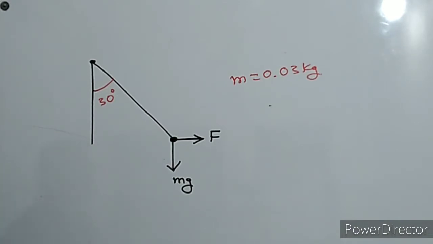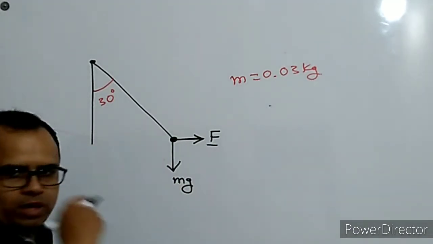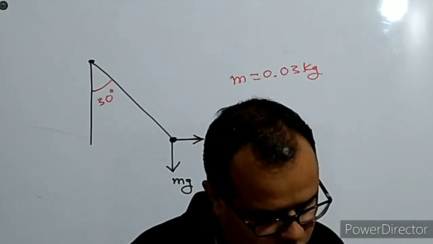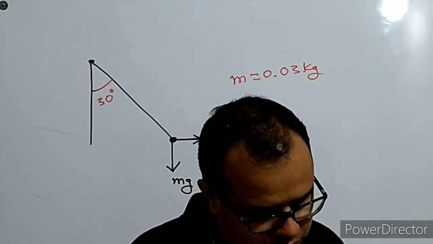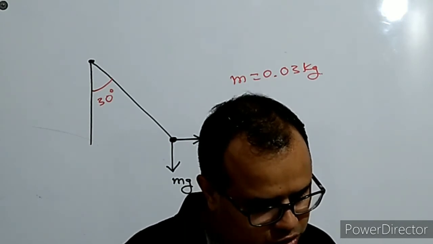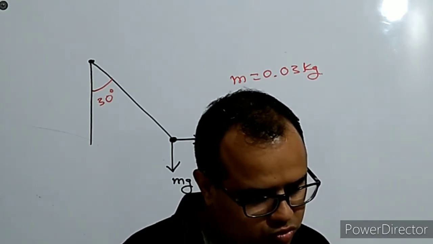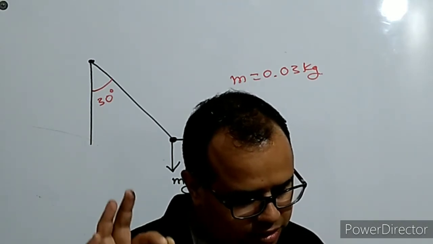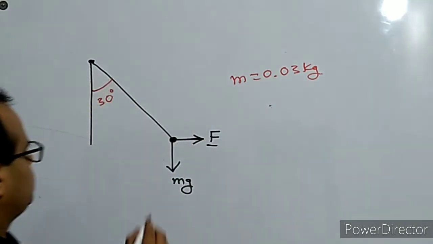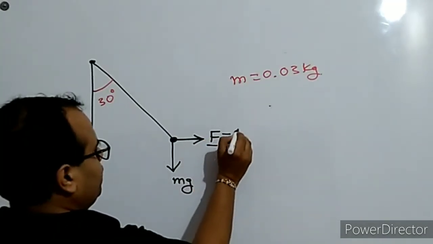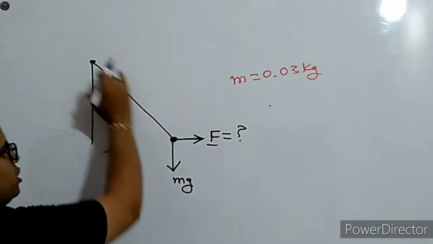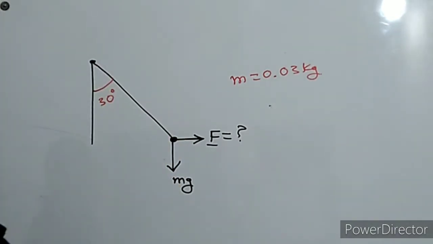Okay, now what is asked is how much force has to be applied to determine the horizontal force required to displace a mass of 0.03 kg suspended by a string until the string makes an angle of 30 degrees with the vertical. So this force F is what we have to find, at the point where the string is making an angle of 30 degrees with the vertical.